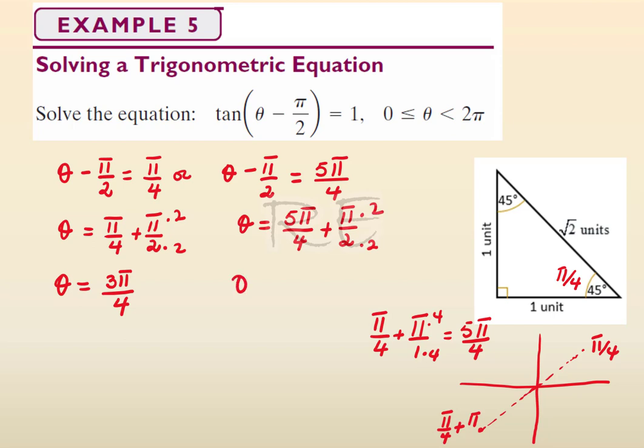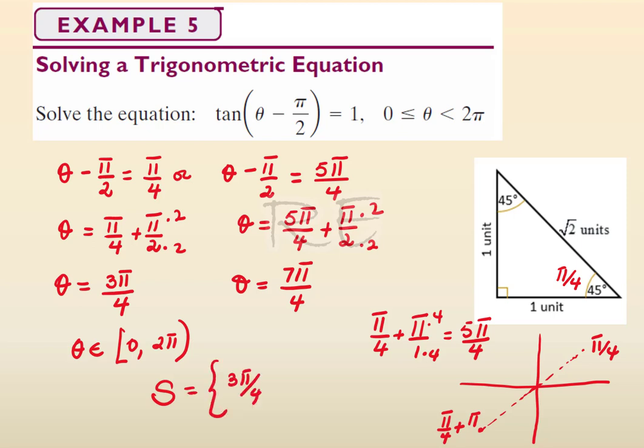Pi over 2 is 2 pi over 4. 5 pi over 4 plus 2 pi over 4 is 7 pi over 4. So if theta belongs to the interval 0 to 2 pi, the solutions are 3 pi over 4 and 7 pi over 4.